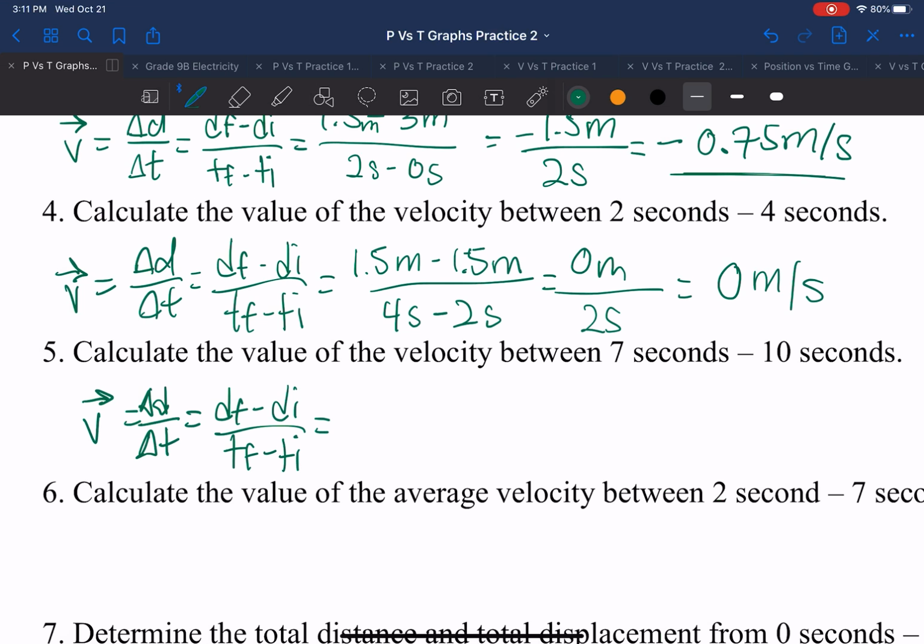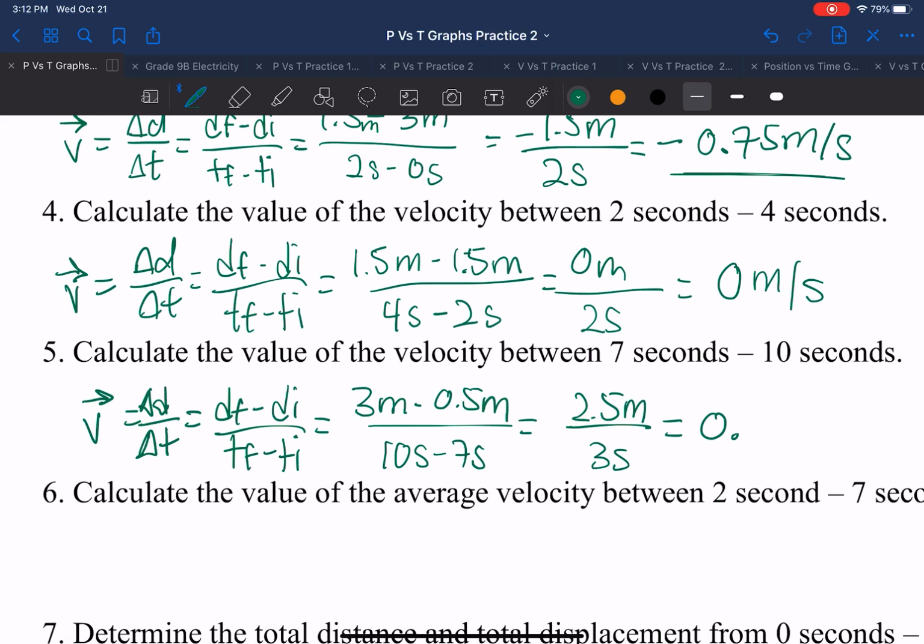Plugging that into our formula, we get 3 meters minus 0.5 meters over 10 seconds minus 7 seconds, which is 2.5 meters divided by 3 seconds, and a velocity of 0.83 meters per second. Notice how this velocity is positive.